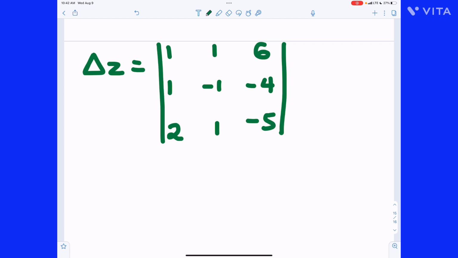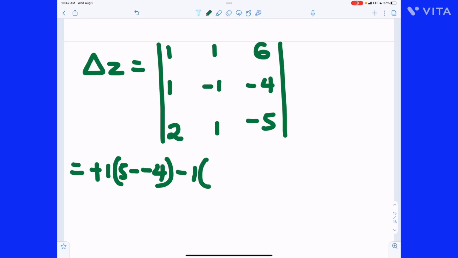So delta z is plus 1 times 5 minus 4, minus 1 times minus 5 minus 8, plus 6 times 1 minus 2. I'm taking my determinant across the first row.